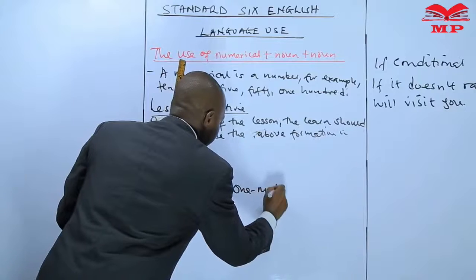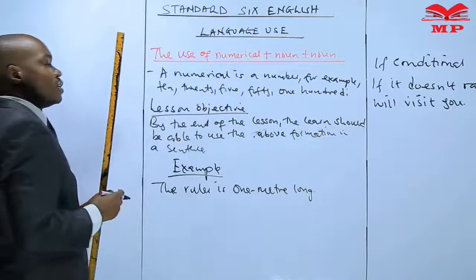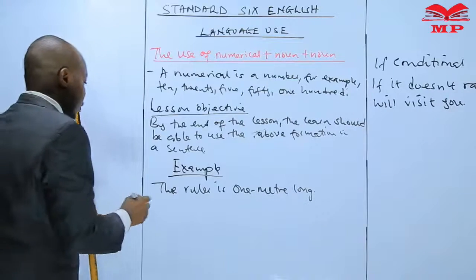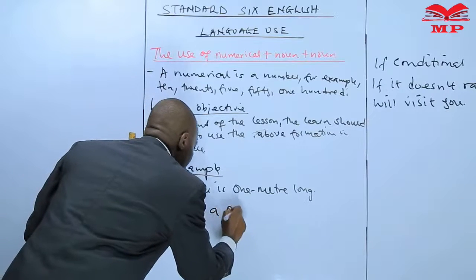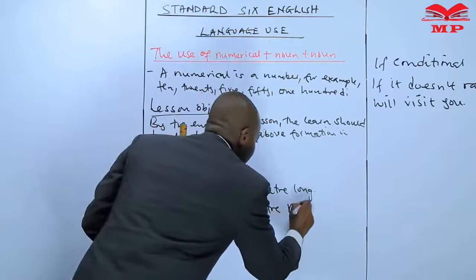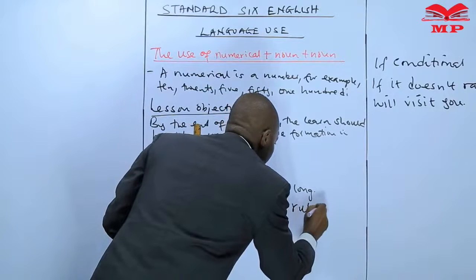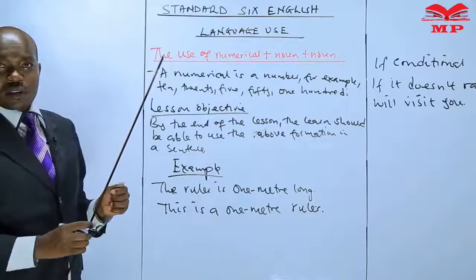So we say the ruler is 1 meter long. We can say this is a 1 meter ruler. This is a 1 meter ruler.